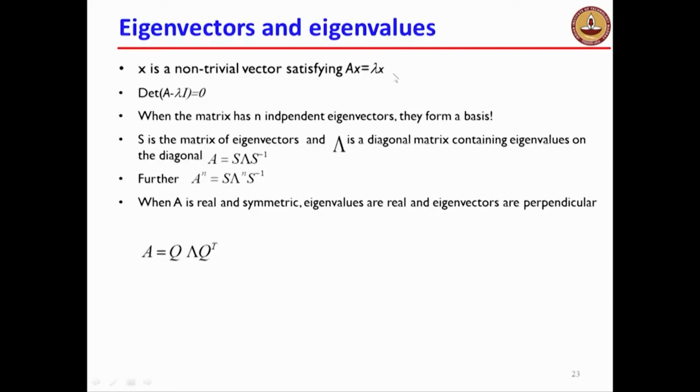I will come to that later. So Ax is collinear with x. If I want to ask this question, are there such vectors? I am interested in searching for vectors such that Ax and x are collinear with each other. So Ax should be equal to lambda x.